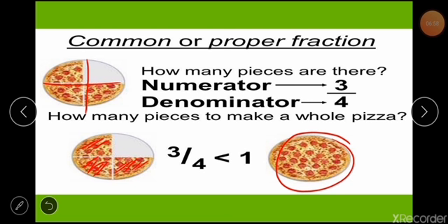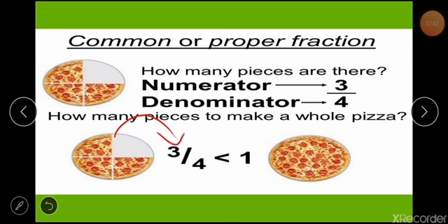So how can you represent it in fraction form? You will represent it as 3 upon 4, because I am taking only 3 slices of pizza, 1, 2 and 3. So you will represent 3 slices in the numerator and the total parts are 1, 2, 3 and 4, and you will represent total parts in the denominator.